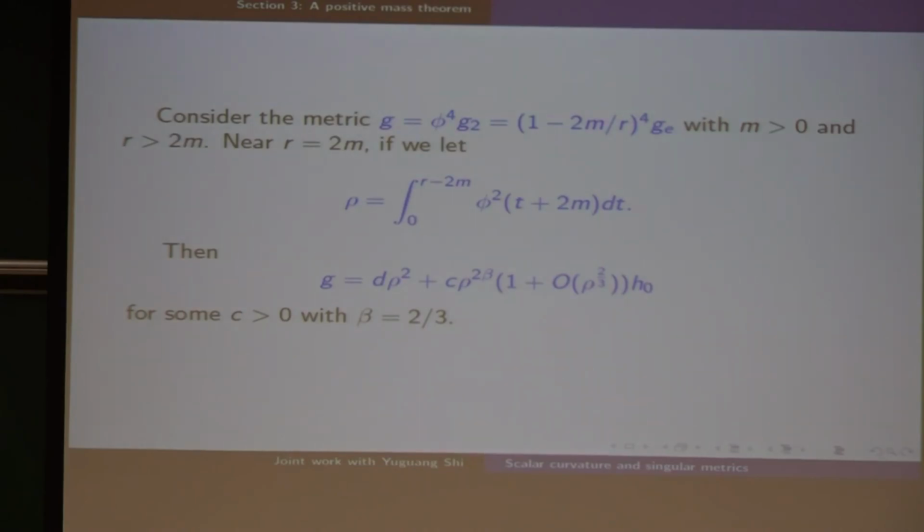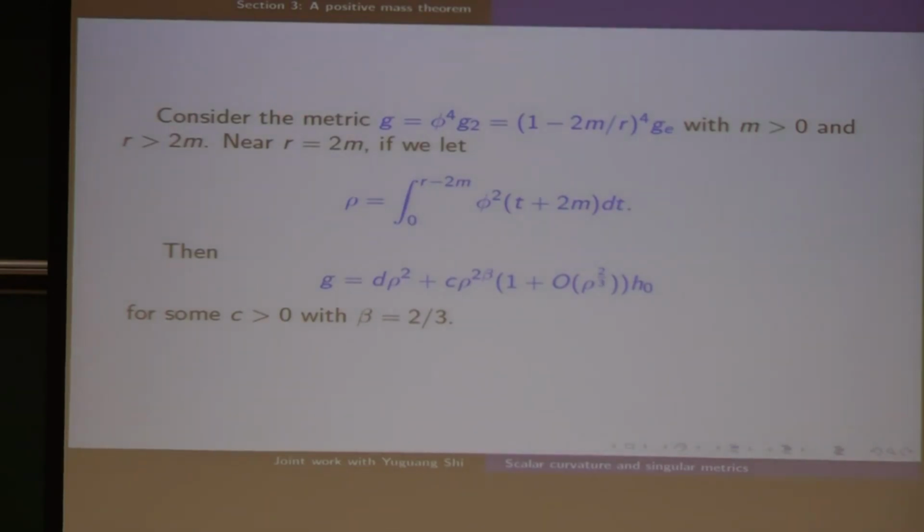So the point is that for a cone singularity, in the previous result, we always assume G0 is continuous. But if G0 is not continuous, if we have a cone singularity, then sometimes we have a positive mass theorem, sometimes we do not have a positive mass theorem.